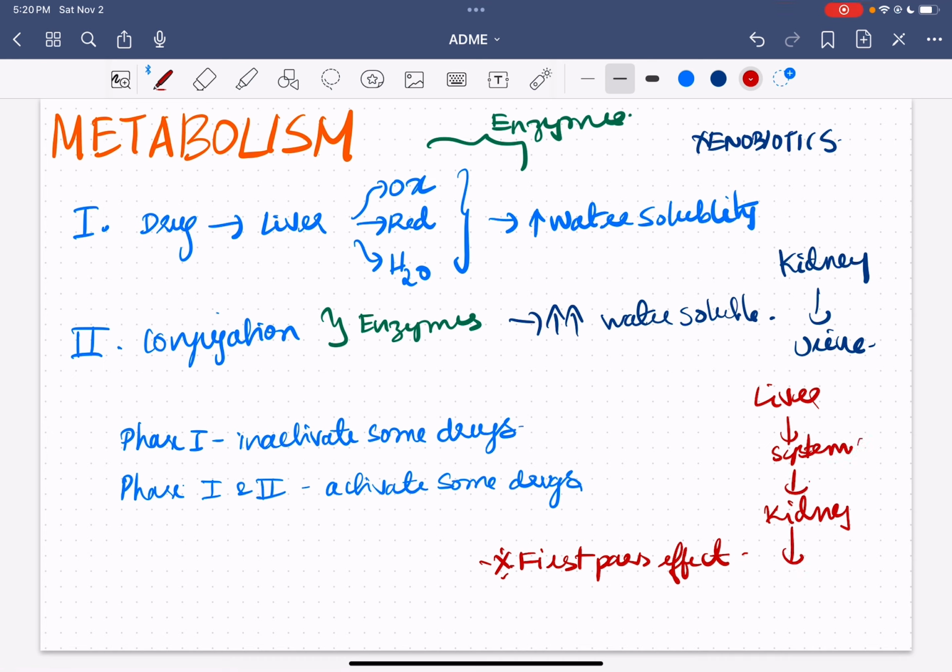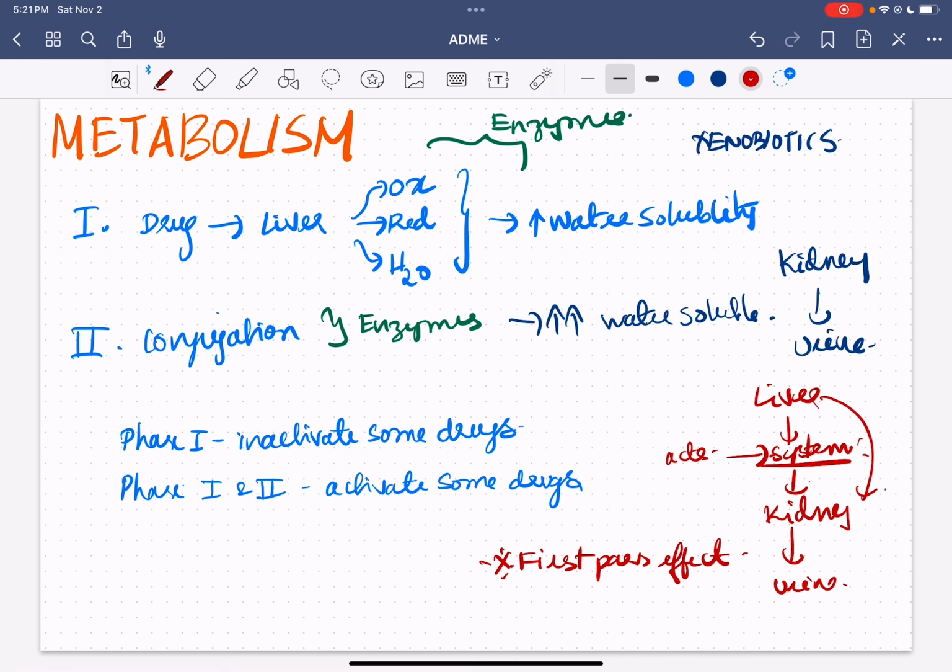And then after the kidney, then urine. So this is the part where before the drug reaches the kidney, it goes and shows its effect through the systemic circulation. Okay, now if it's extremely water soluble, then it has a high chance of bypassing the systemic circulation and acting on different tissues, instead directly going to the kidney. Okay, so it all depends on what kind of drug and what are all the factors involved.